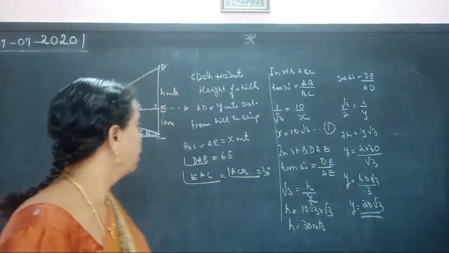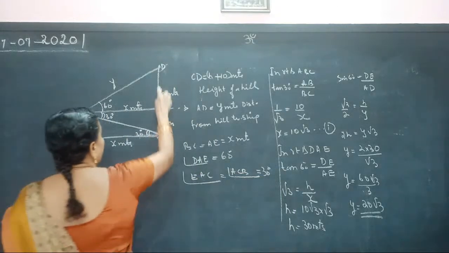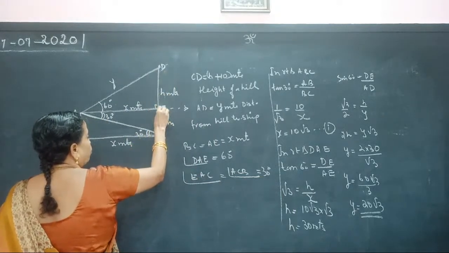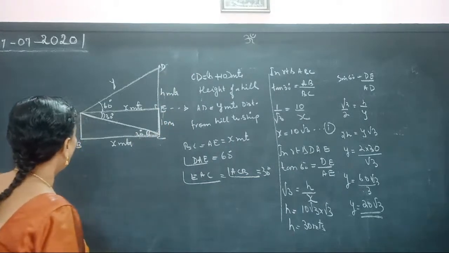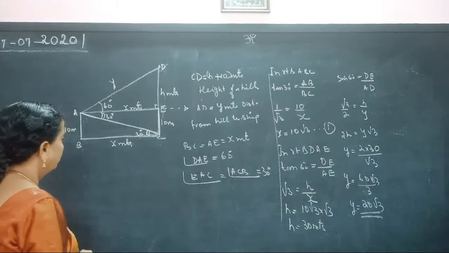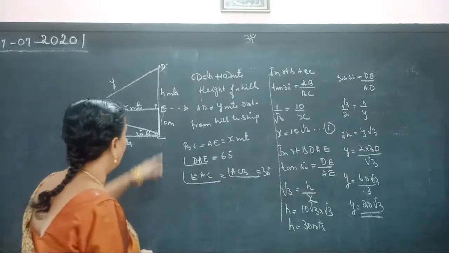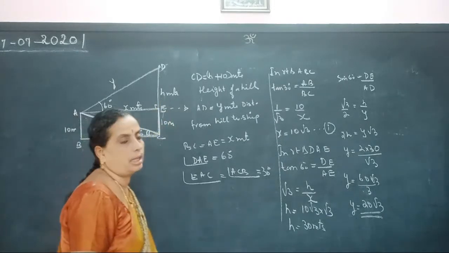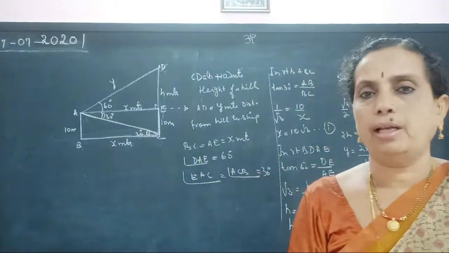Here height of the hill means we cannot consider only this portion. From the sea level they have given above 10 meter above the sea level. Okay, so we should include h plus 10 as height of the hill, because hill won't float above the sea level.